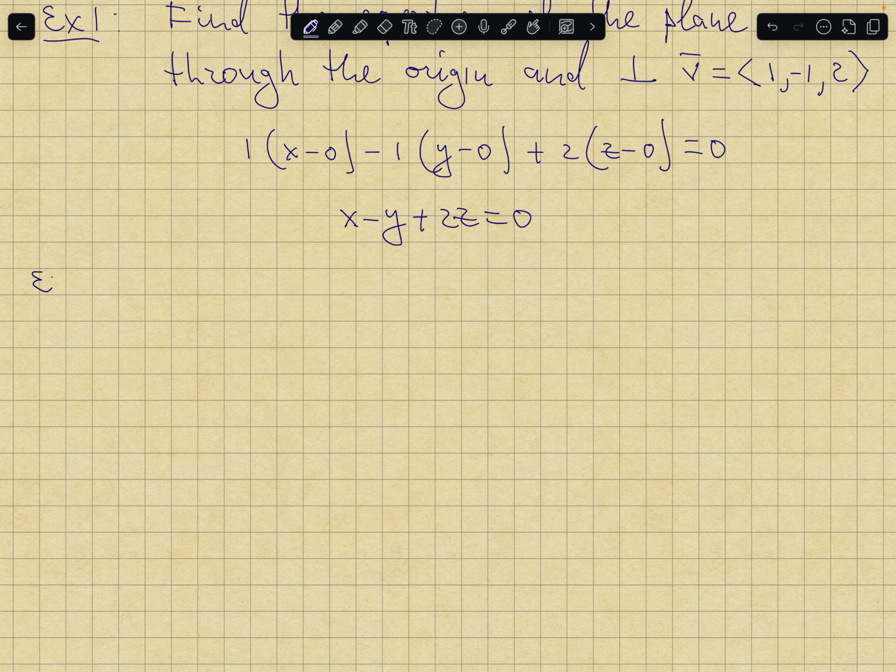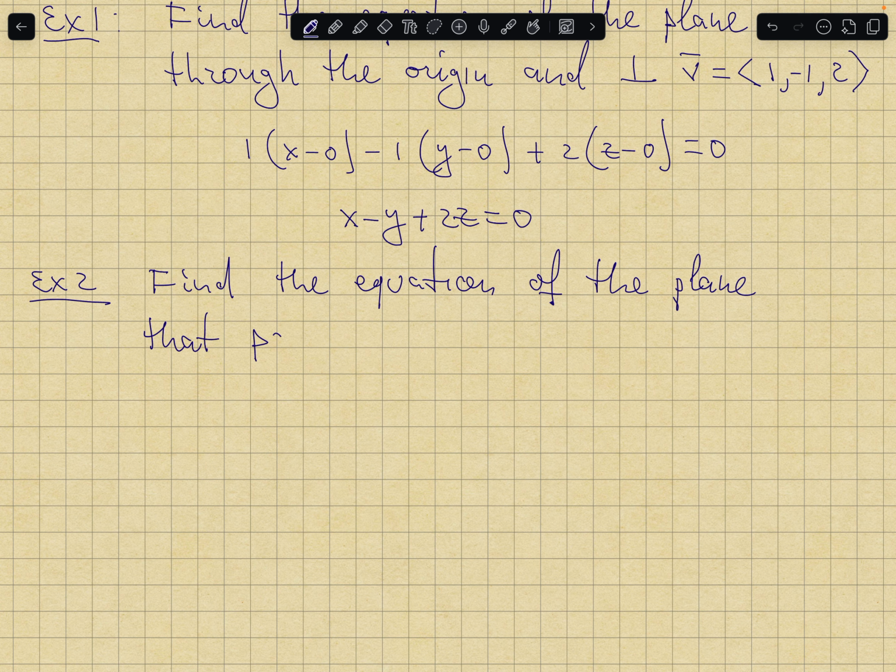Example number 2. Find the equation of the plane that passes through the points.